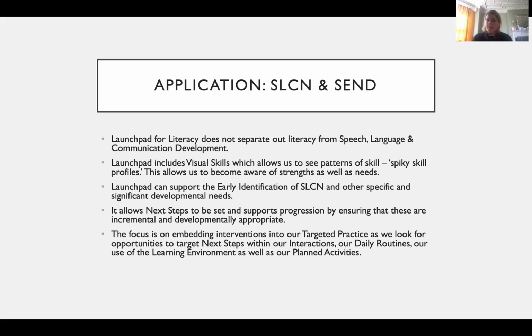Is there a difference between very early developmental indicators of verbal intelligence and non-verbal intelligence? Am I seeing what I would call spiky developmental profiles, which might be one of the ways that we identify very specific needs, or certain patterns that would indicate things like developmental language disorder? So there's supporting documentation to support you with these things as well.